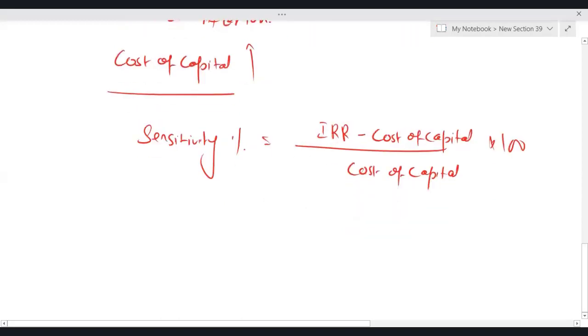We know that when cost of capital reaches IRR, then obviously NPV becomes 0. Okay.